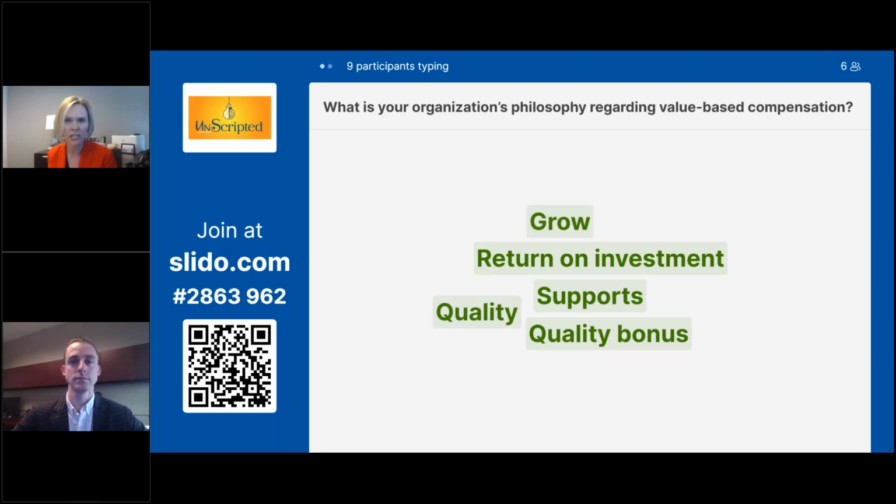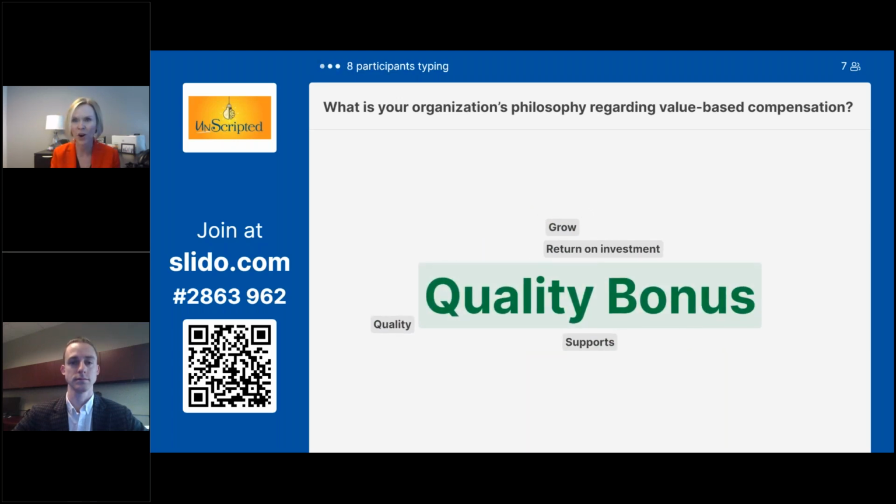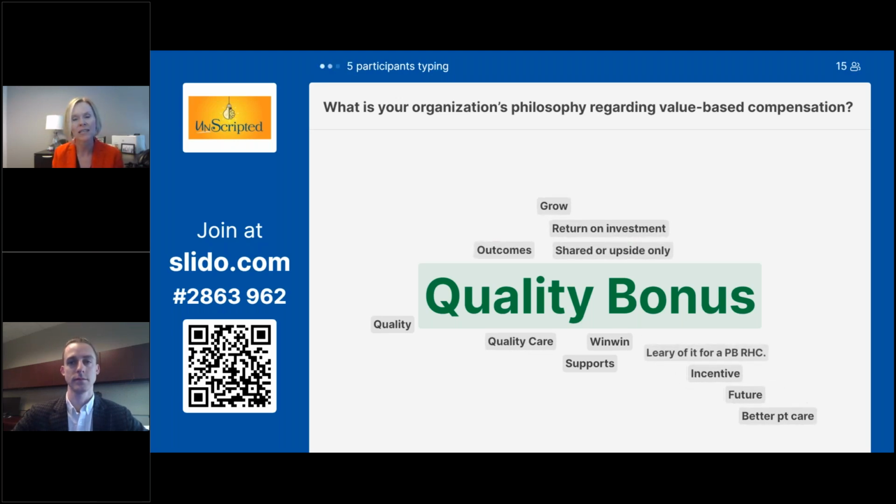And then that strategy is defined by the organizational philosophy regarding value-based compensation. And so these words that are coming through, growth, that's a great philosophy, because you're thinking about how is our organization going to grow? How is our organization going to change with the times, if you will, as value-based reimbursement continues to increase?